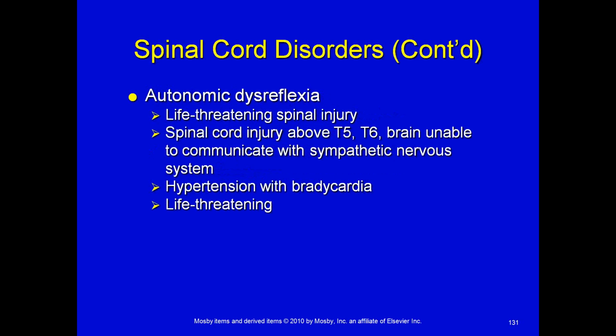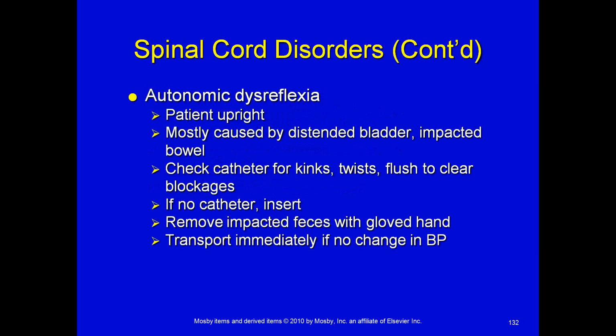Autonomic dysreflexia is a life-threatening spinal injury. It's a spinal cord injury above T5 or T6. The brain is unable to communicate with the sympathetic nervous system, so the patient develops hypertension with bradycardia, which could potentially be life-threatening. With autonomic dysreflexia, we want to have the patient sit upright.